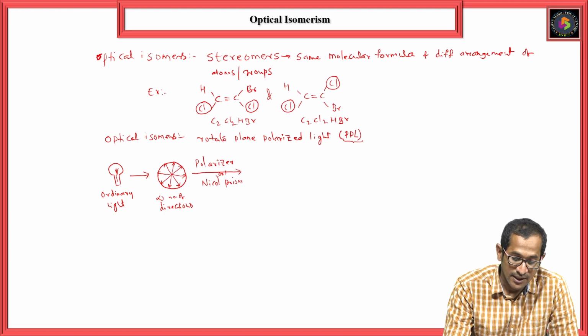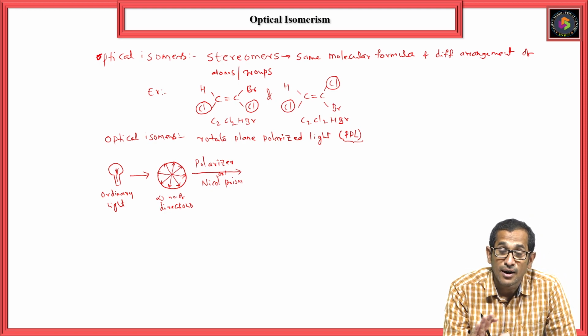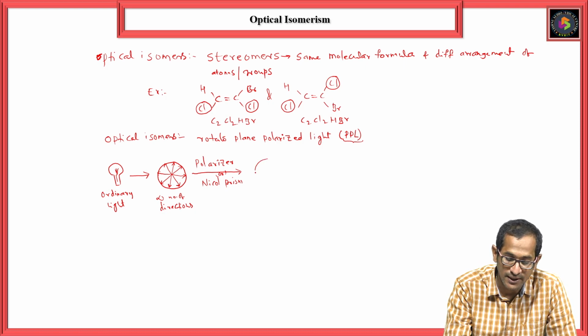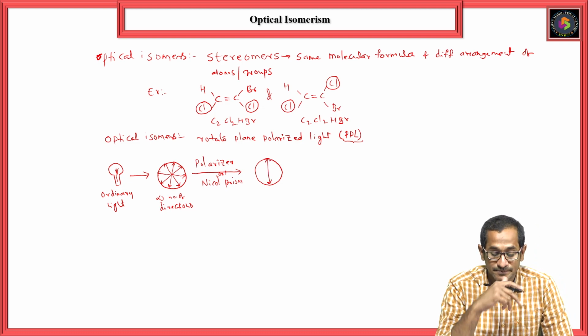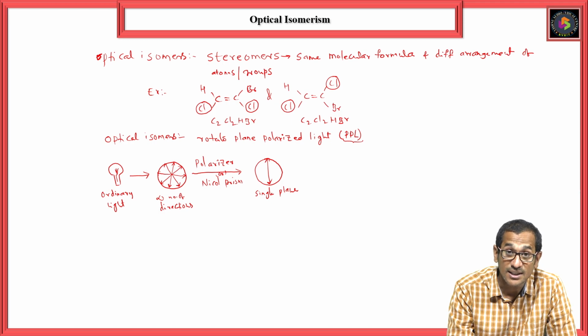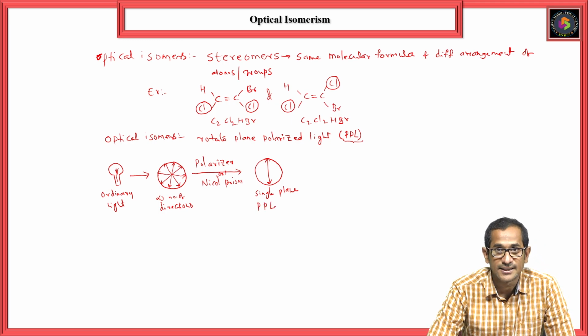Then the infinite number of directions now vibrate in a single plane. Again the same room. Now it is a single plane. Such light is called plane polarized light.